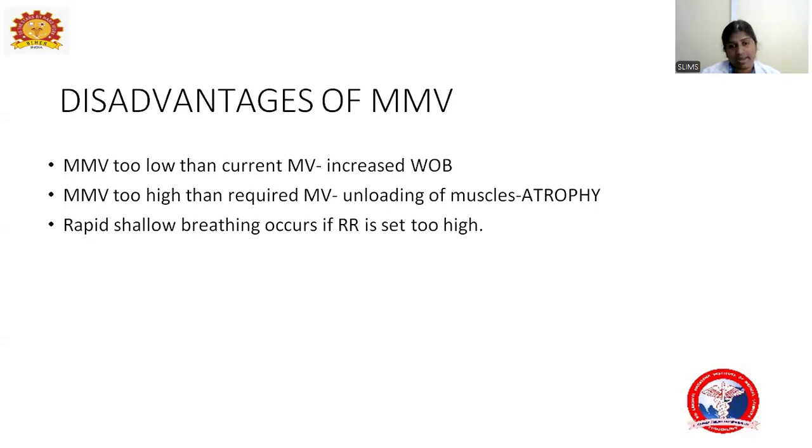If the mandatory breath is too high compared to the required minute ventilation, then the patient will go in for unloading of muscles, which will ultimately result in atrophy. The patient won't be using the muscles to breathe. And rapid shallow breathing occurs if the respiratory rate set is too high.